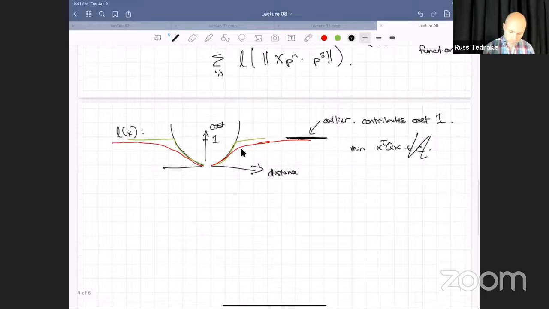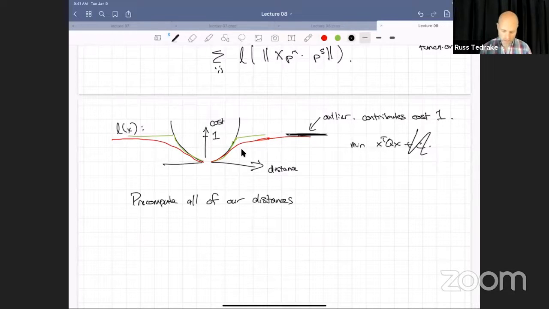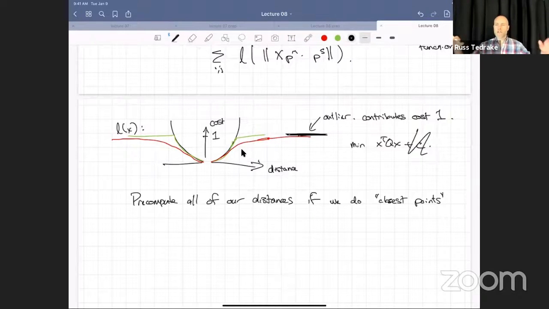We can pre-compute all of our distances if we go back to this closest point idea, which doesn't mean the non-robust thing.